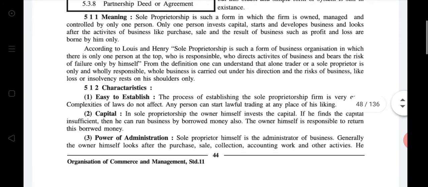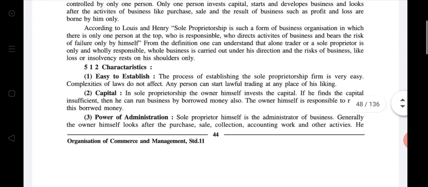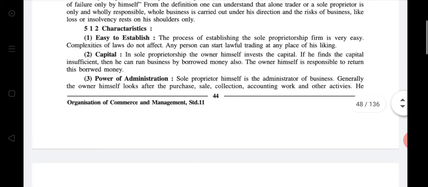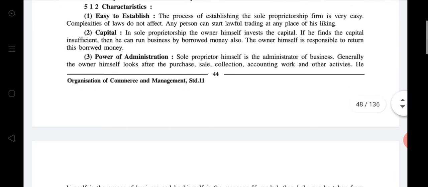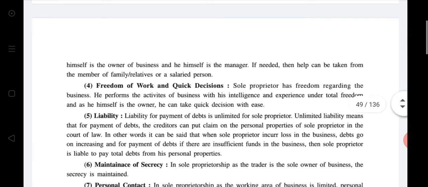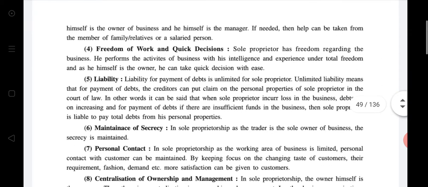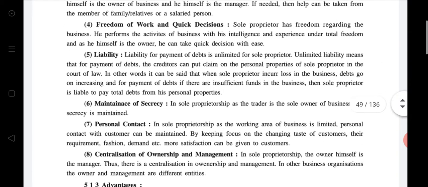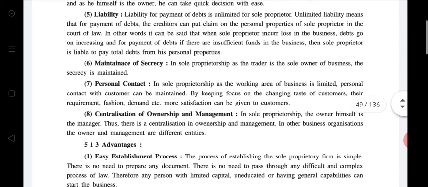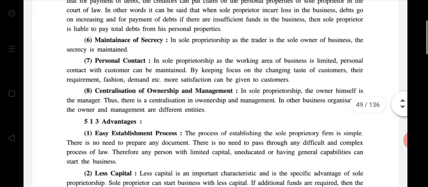Okay, so characteristics of sole proprietorship. You all speak with me. Easy to establish, capital, power of administration, freedom of work and quick decision, liability, maintenance of secrecy, personal contact, and centralization of ownership and management.